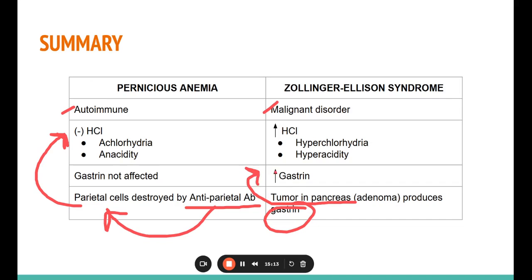Since gastrin stimulates the parietal cells to secrete HCl, and there is a lot of gastrin in ZES, more parietal cells are stimulated and will result in production of more HCl. So in ZES, there's increased gastrin and increased HCl. The term for this is hyperchlorhydria or hyperacidity.